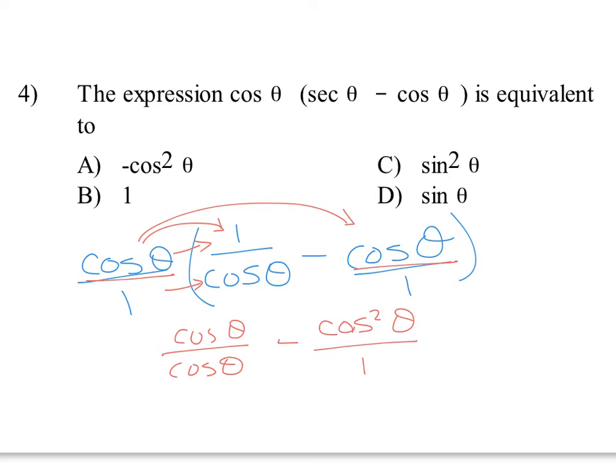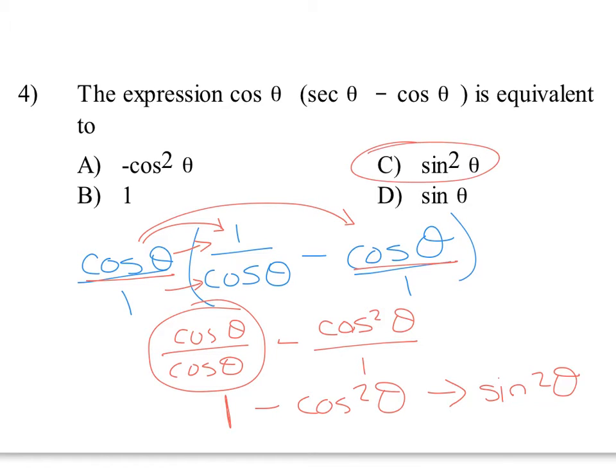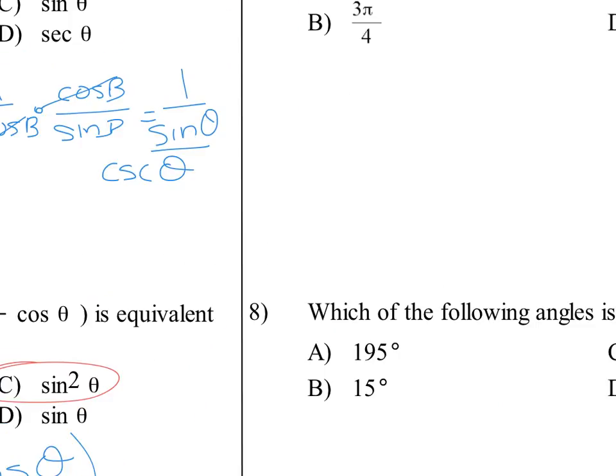Okay, so cosine over cosine is 1, and 1 minus cosine squared is your Pythagorean identity, sine squared. Done. Next.